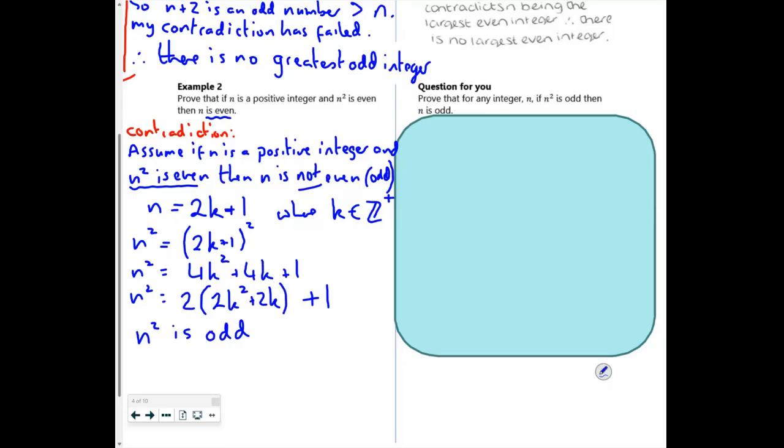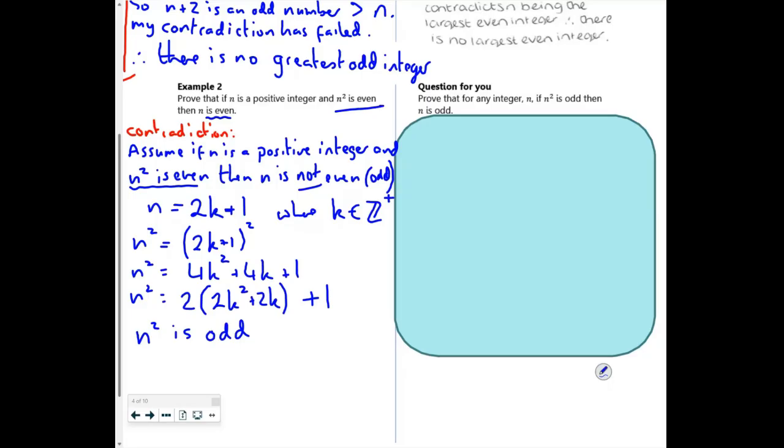So n squared, now if you think about this one now, I've shown that the contradiction is true. So the original statement must be confusing me. That's odd. Hang on, I've misread something. So n squared is odd, it contradicts the original statement. So if n is positive, look, n squared is even.